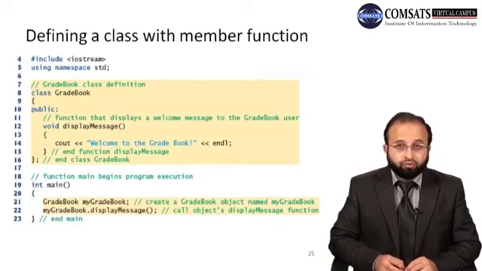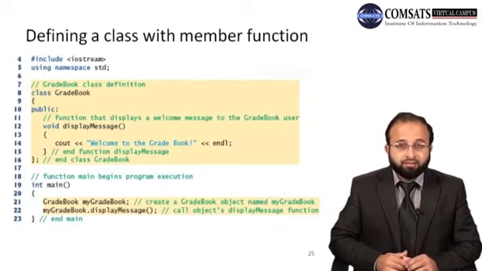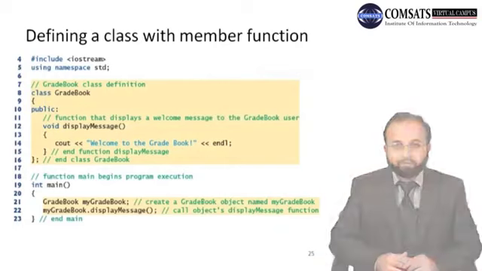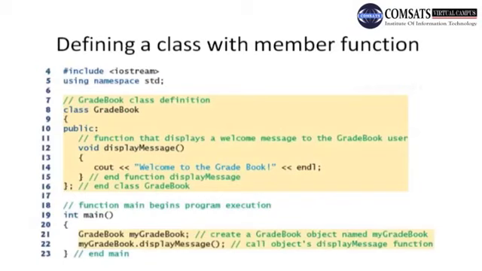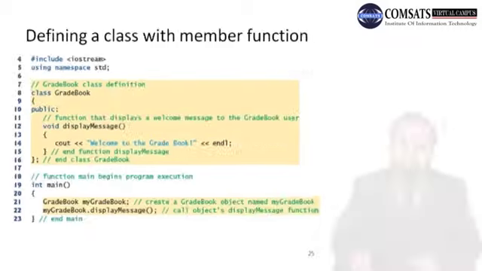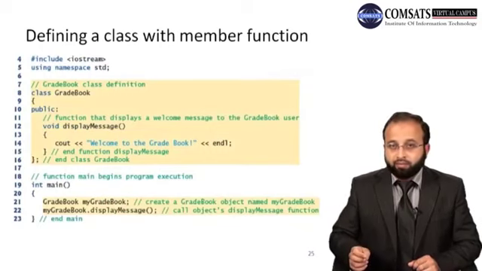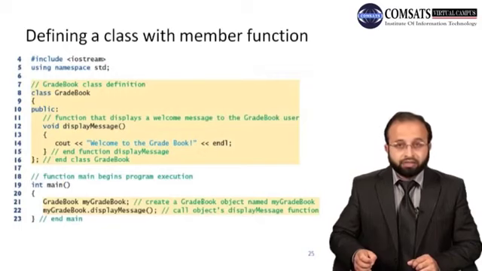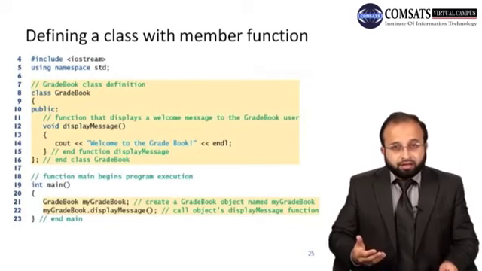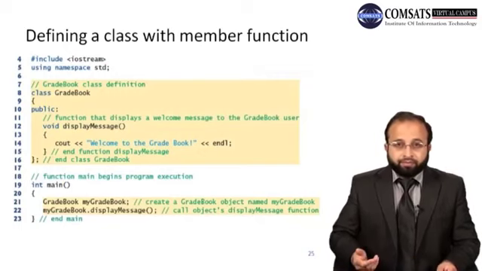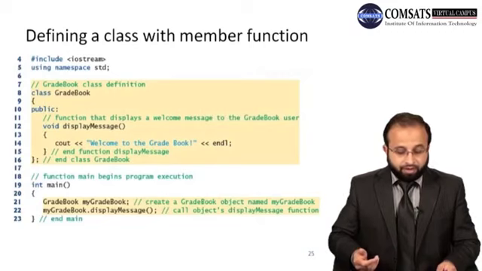Now what is this cout for? This is basically the same as the printf function. As we have seen in the previous course, printf is the output function in the C programming language, and cout is basically the output function for the C++ programming language.